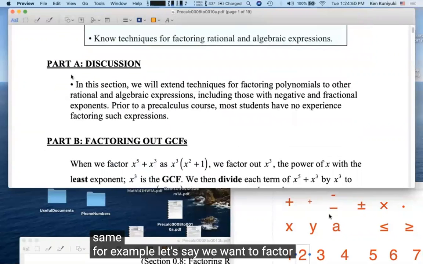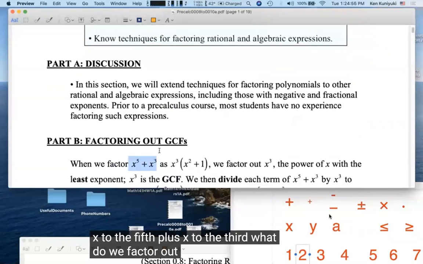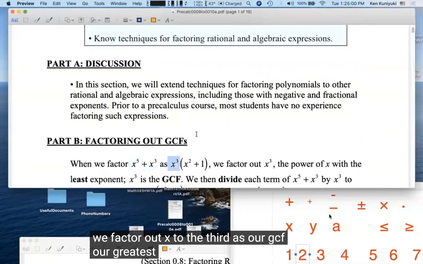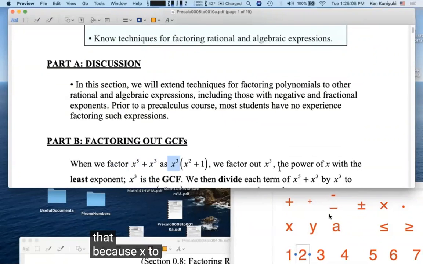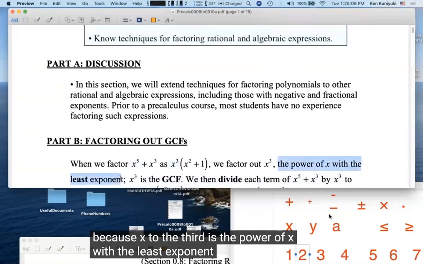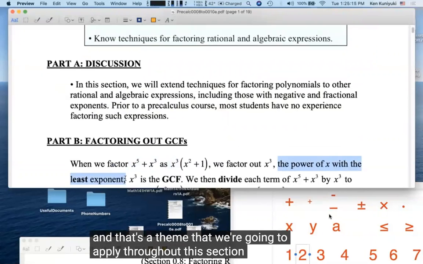For example, let's say we want to factor x to the 5th plus x to the 3rd. What do we factor out? We factor out x to the 3rd as our GCF, our greatest common factor. Why is that? Because x to the 3rd is the power of x with the least exponent. That's a theme that we're going to apply throughout this section.